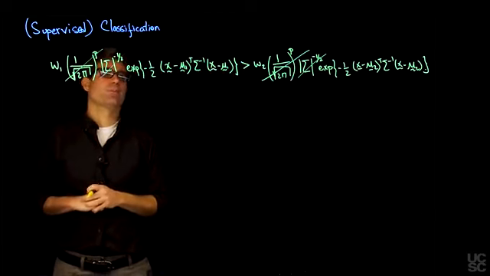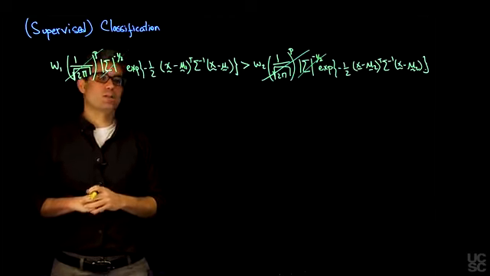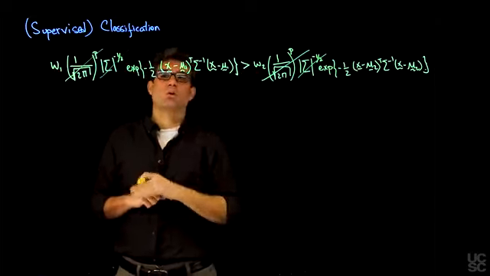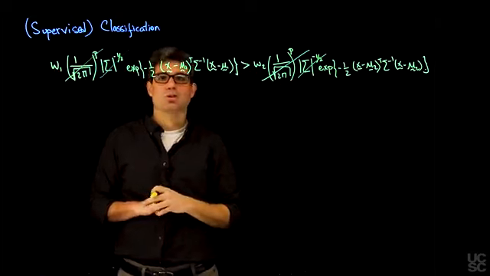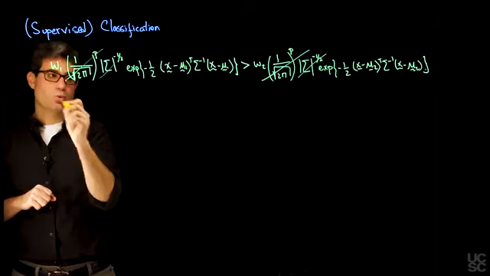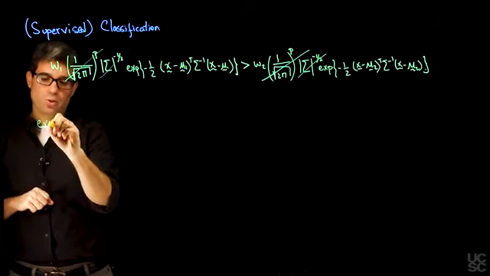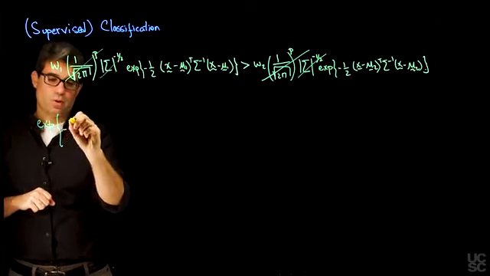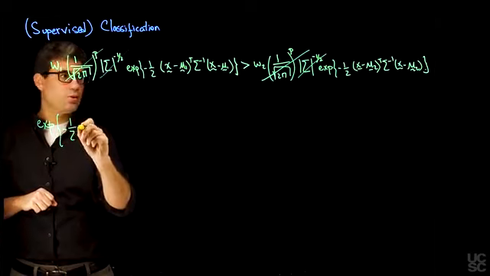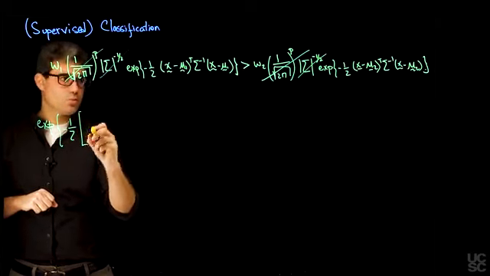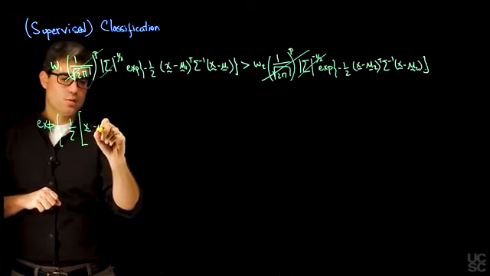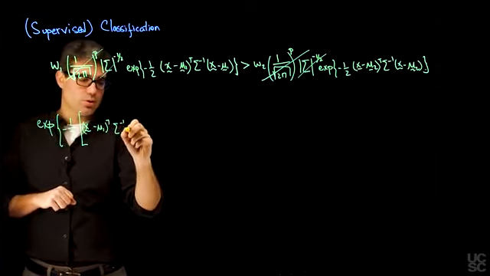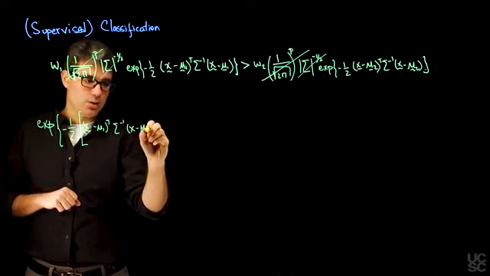And the next thing that I'm going to do is I'm going to move all the omegas to one side and bring all the terms with the exponentials to the other side. If I do that, I'm going to end up on the left-hand side with the exponent of minus 1/2 x minus mu 1 transpose sigma inverse x minus mu 1.